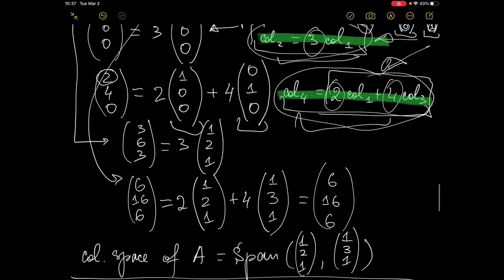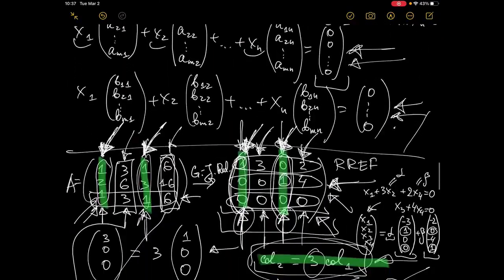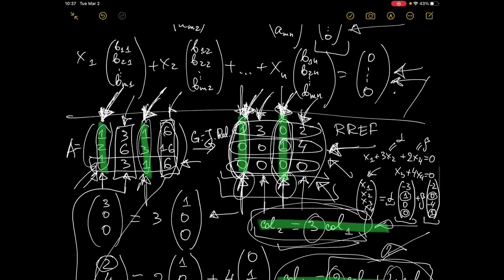Sure. For example, here, let us consider the column space of this matrix. By definition, the column space of a matrix is the space of all possible linear combinations of columns, right? Is it clear or not? Yes.